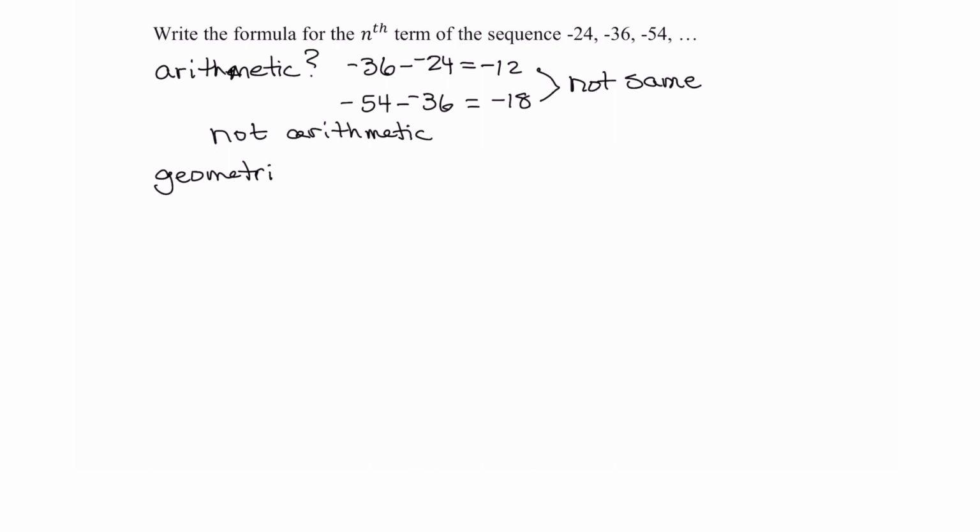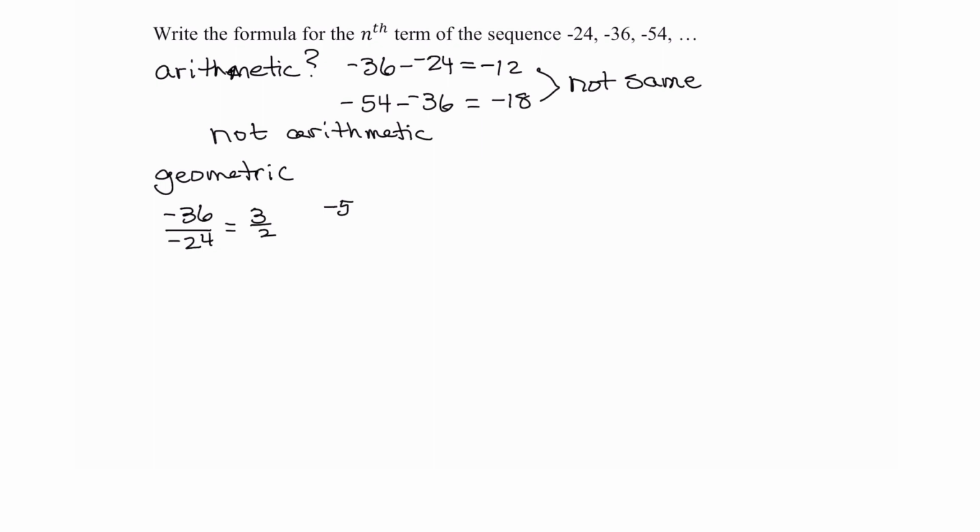So to check to see if it's geometric, I'm going to take the ratios of my terms in a pairing. So I'll first start with the negative 36, the second term, divided by the first term, negative 24. And when we simplify that, we get a positive 3/2. And then we'll take the third term divided by the second term.